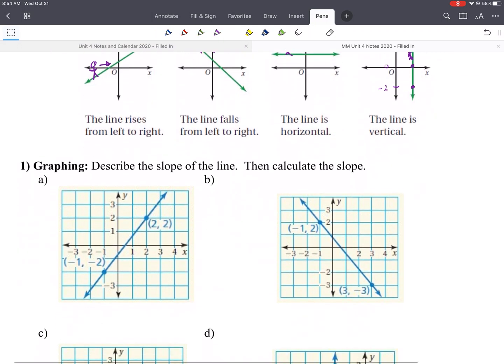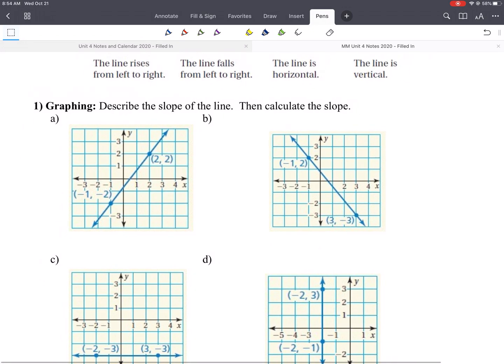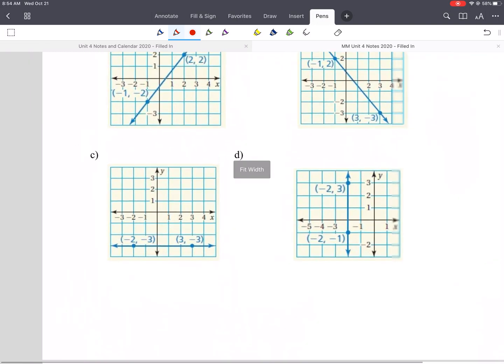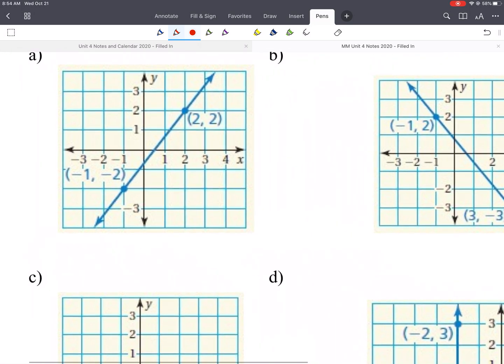All right. So first thing we're going to talk about is finding the slope given a graph. All right. So here it gives us 2 points. It really doesn't matter what points you use. It depends if you want to do just rise over run, which I feel like is the easiest way to do it. But we'll probably do both. Okay. So let's just do the slope here. Rise over run.